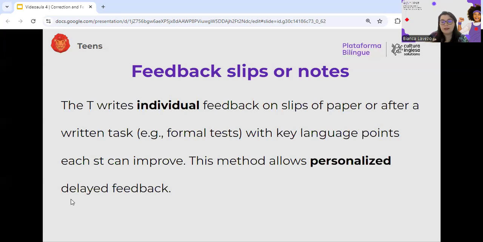This is a very personalized delayed feedback, so students understand, like, I made this mistake, or I did this correctly, this was great for me, but I need to work on something else, right? Again, the idea of positive and negative should also be here. It's obviously more time consuming, but it's very effective, as it shows the students as well that you are paying attention to who they are, basically, and their progress in general.